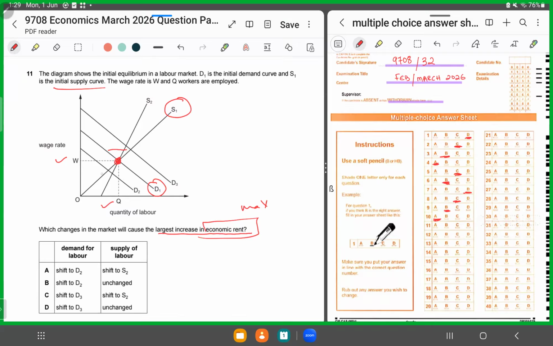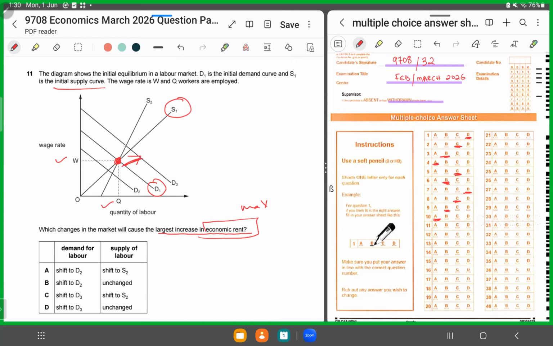Now, they're saying you want to maximize that. So, this means that you should go to a region where there is a rightward shift of the demand curve, right? And what about the supply curve?